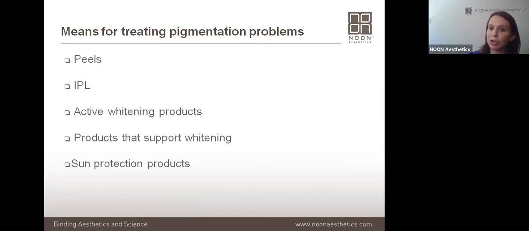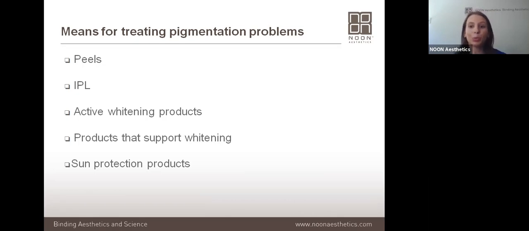IPL is also an option. It's a technology of intense pulsed light, which can remove the spots, but it's recommended for brighter Fitzpatricks. Also, an important element will be our active whitening or lightening products, which are melanin inhibitors, and I will, of course, elaborate on it more.